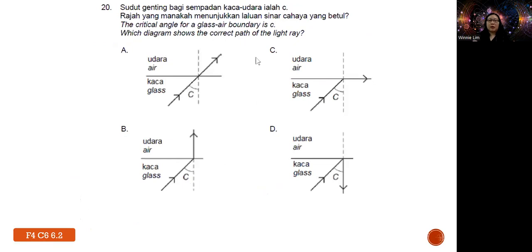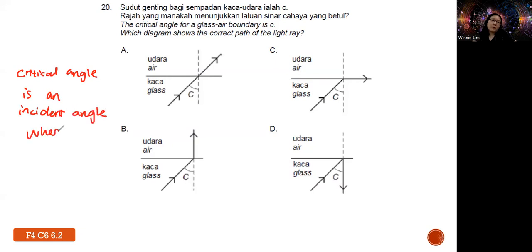Next one, okay. The critical angle of the glass air boundary is C. Which diagram shows the correct path of the light ray? First you need to know what a so-called critical angle is. Critical angle is the incident angle when the refracted angle is equal to 90 degrees.